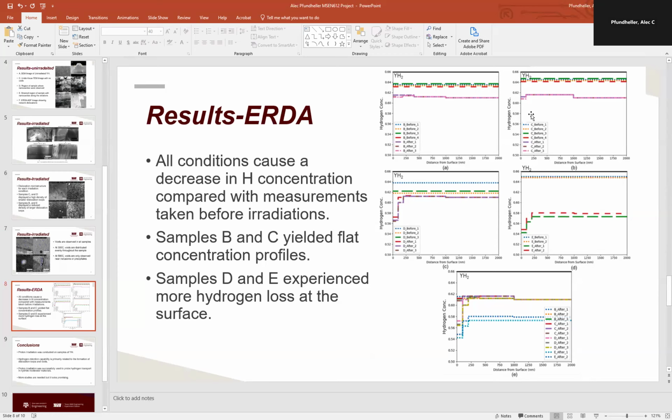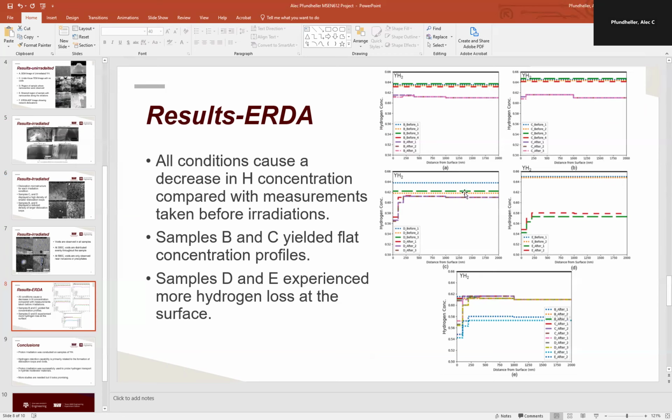Samples B and C, which are at 300 degrees Celsius, yielded very flat concentration profiles. You can see they're all around 0.61 concentration along the distance from the surface, showing no noticeable dip near the surface. And it's also lower than the pre-radiation measurements.